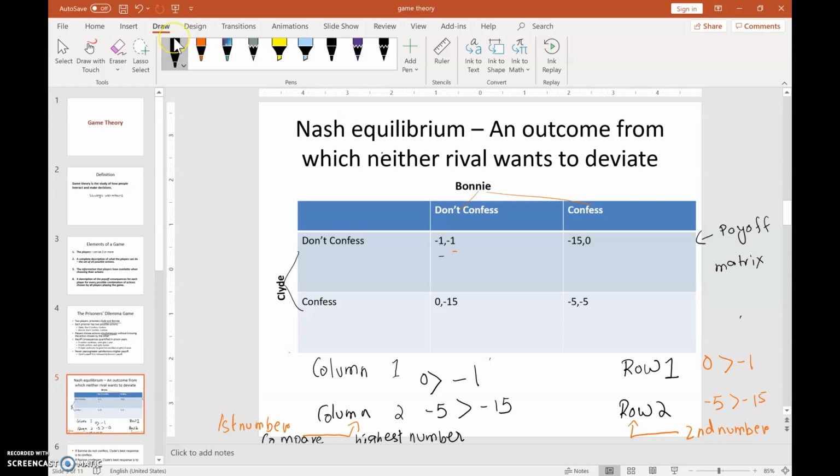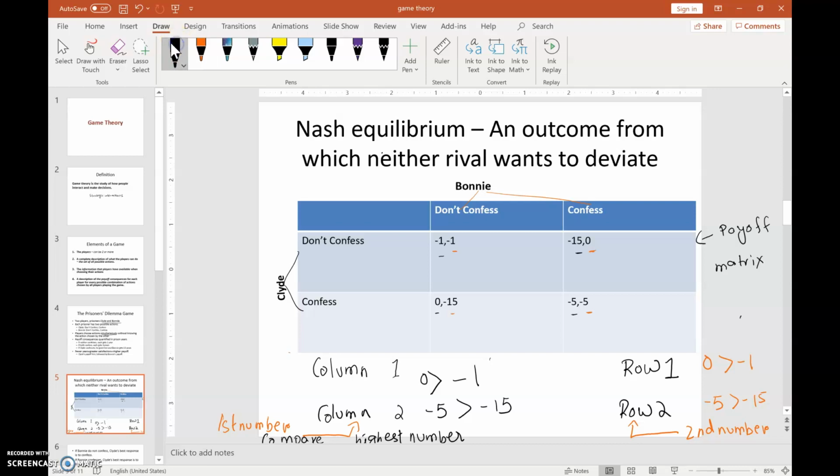The next box is Clyde chooses to not confess, getting 15 years of jail time, and Bonnie choosing to confess, getting 0 years of jail time. So we can also explain box 3 and box 4 the same way.